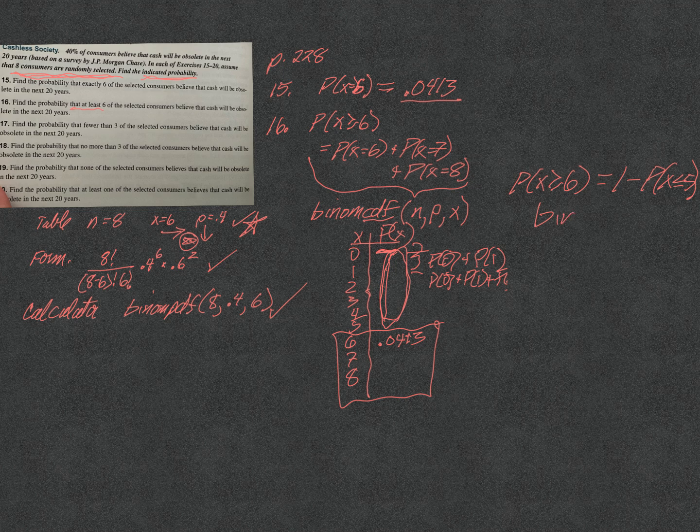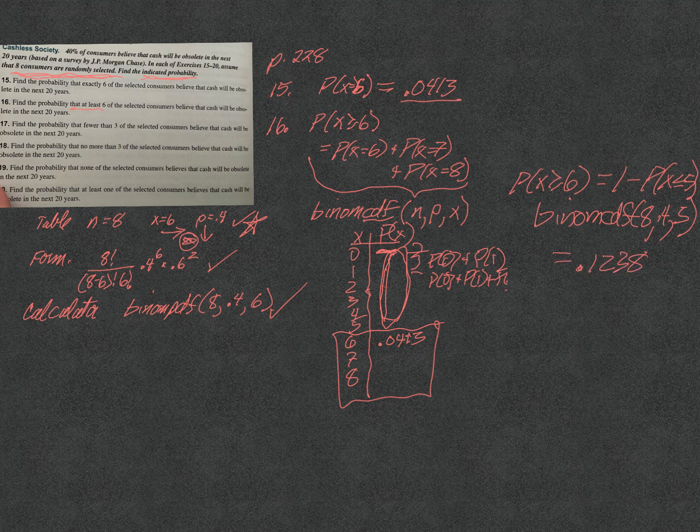So this is exactly the binomial CDF, and I would put 8, 0.4, and x I would put 5, because I'm only going to add it up to 5. And so I'm going to do this on my calculator right now.